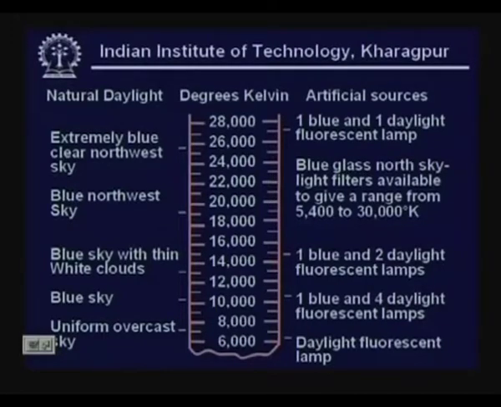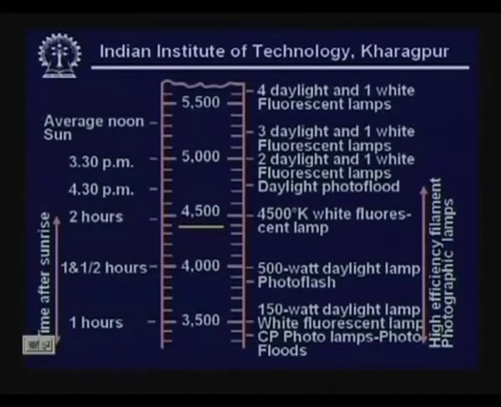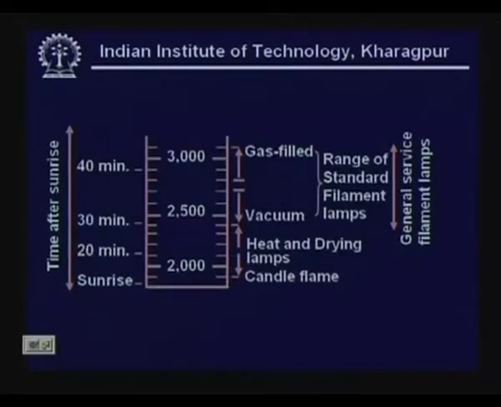Now, if you see on the right hand side, the daylight fluorescent lamp is around 6,000 degree Kelvin. Similarly, you have the noon time sun around 5,300 degree Kelvin, and you have the high pressure white fluorescent lamp marked around 4,500 degree Kelvin, and the candle flame comes at the bottommost with 2000 degree Kelvin.